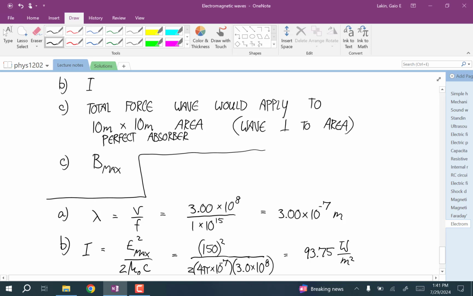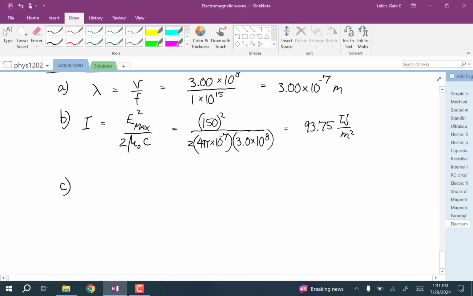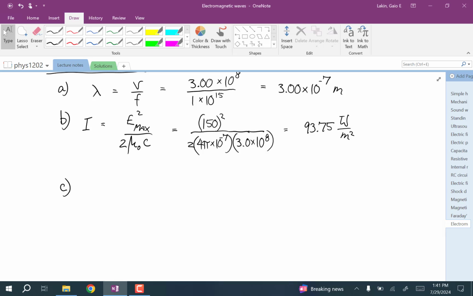I just forgot to write that before. Okay, so the equation for a perfect absorber is that the pressure is equal to S over the speed of light.